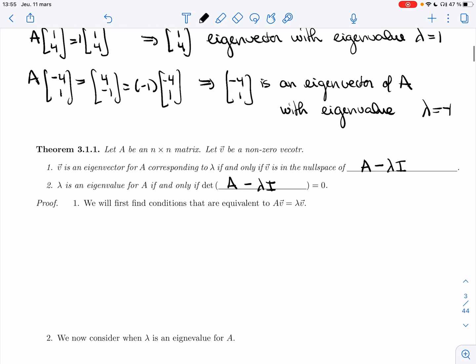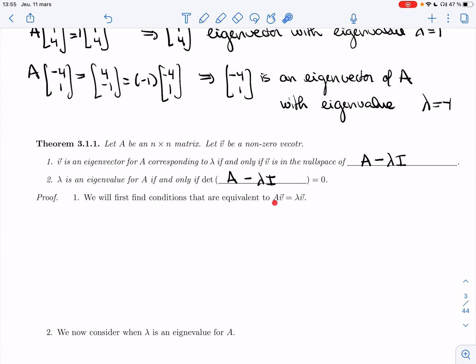All right, so let's do it. Let's prove this. This is a definition of an eigenvector. I'm going to start with it, and I'm going to find another way of writing it. So this is the same. If I send everything to one side, I'll get AV minus lambda V equals the 0 vector.